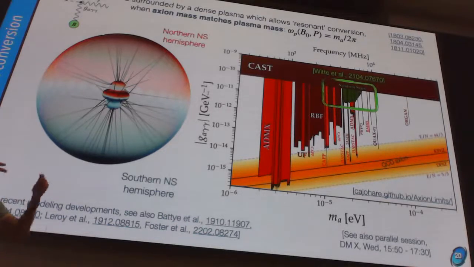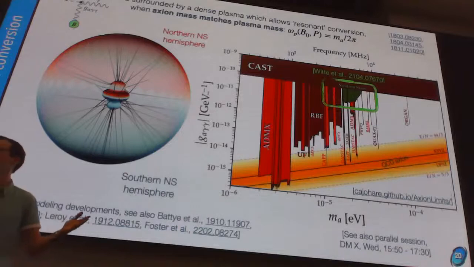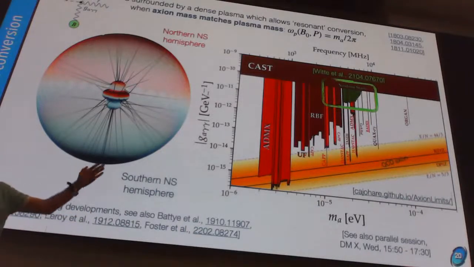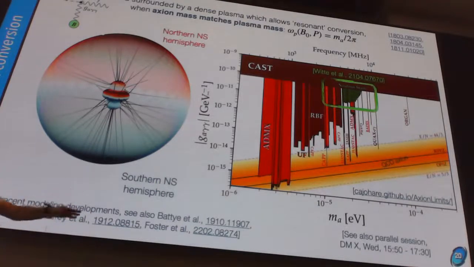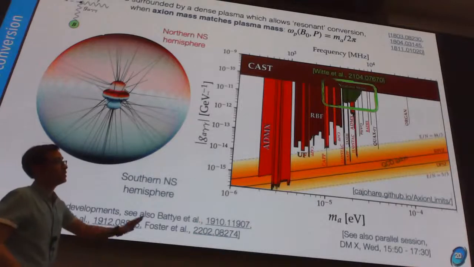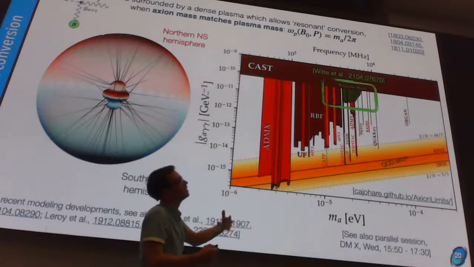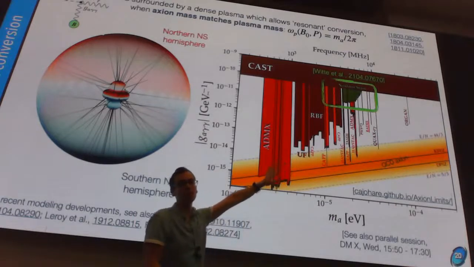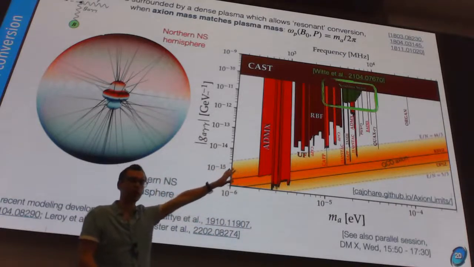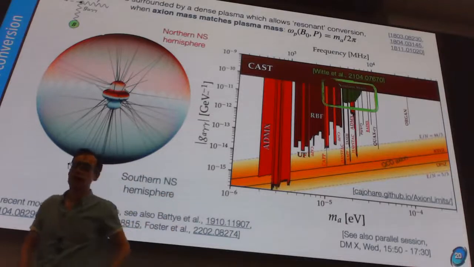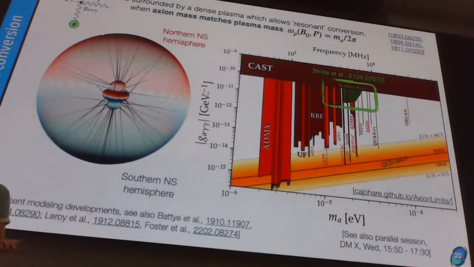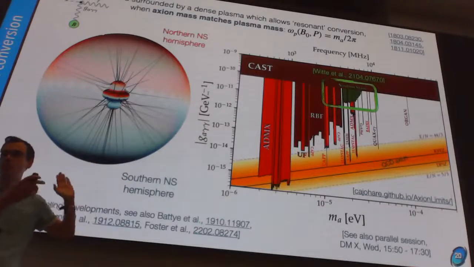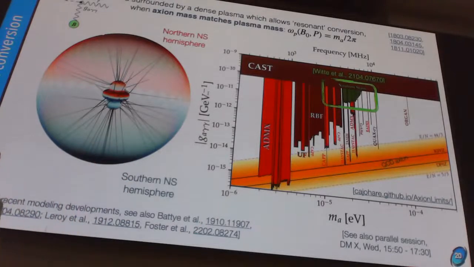And so with one neutron star, or with a bunch of neutron star observations, you can scan a large number of masses. This field is, in some sense, still finding its feet, but you can see this green region is one particular radio survey looking for neutron stars emitting these radio waves in the center of the Milky Way. You can start to span a reasonably wide range just with one set of observations.